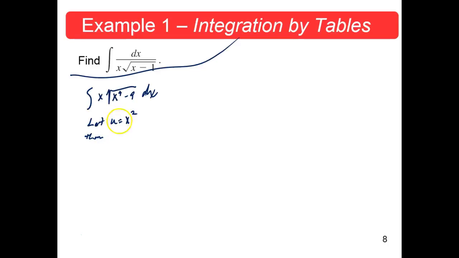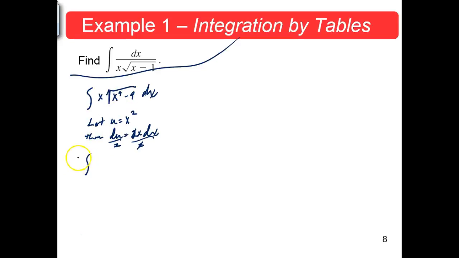The first thing you would then say is du is equal to 2x dx, right? Now, with that in mind, let's divide both sides by 2. So x dx is equal to 1/2 u du.